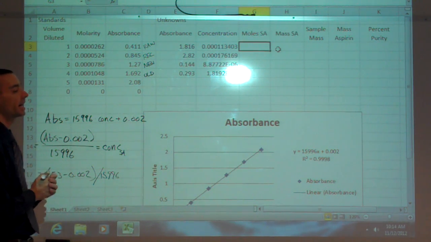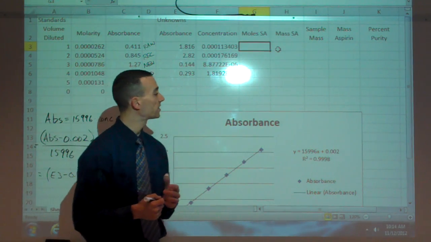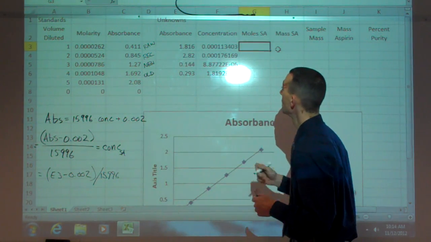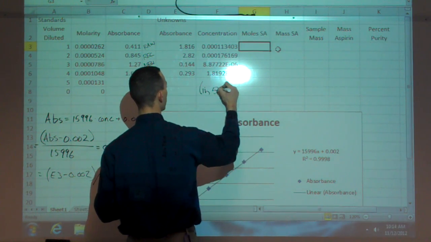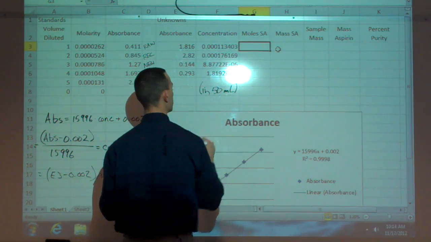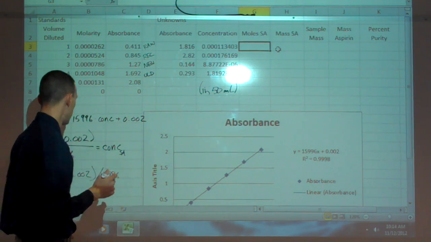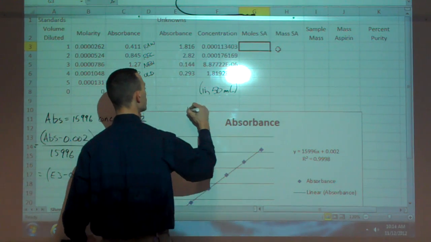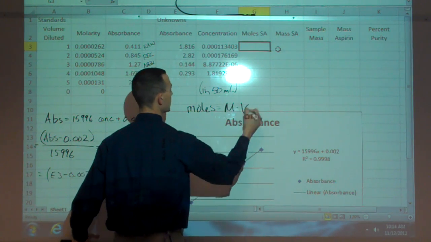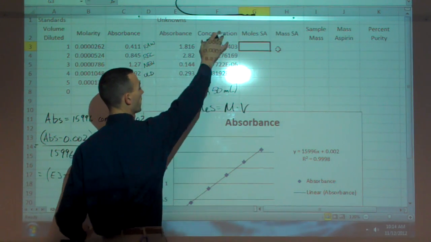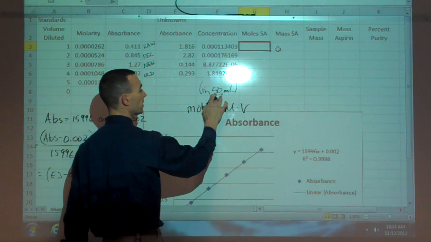The next step in the analysis calls for us to convert our concentrations to moles. Each of these solutions was in 50 milliliters. Okay? So the moles in any solution are always equal to the molarity times the volume. We just found the molarities, and this is the volume.